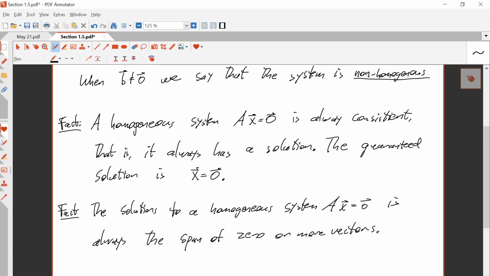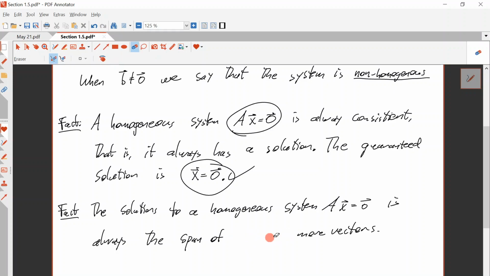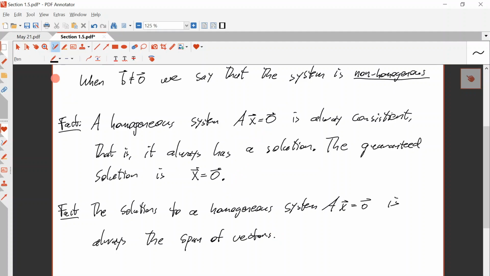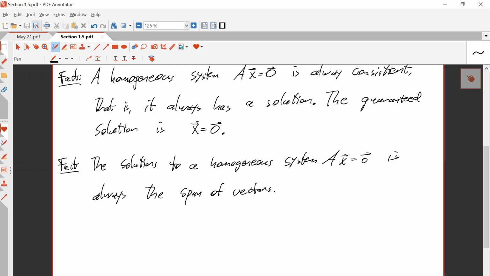So if you have a unique solution to a homogeneous system, it's x equal to 0, since that is always a solution. We could also just say span of vectors, because a zero vector is a vector, and the span of the zero vector is just 0. Anyway, that's a little technical point.